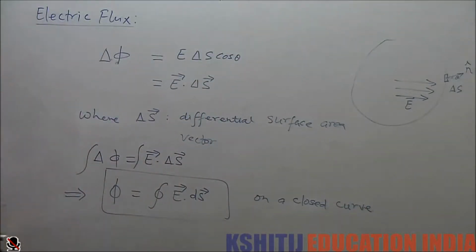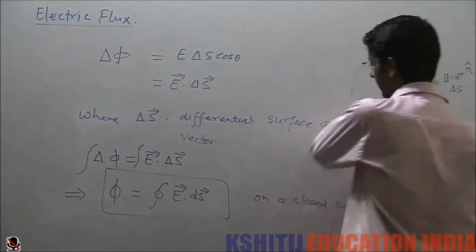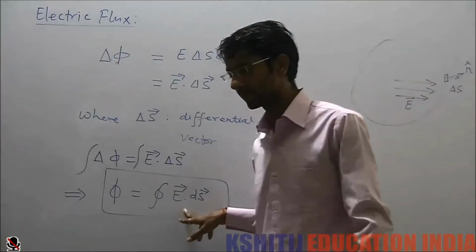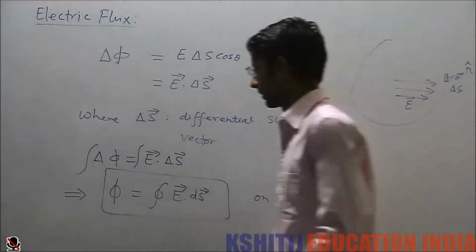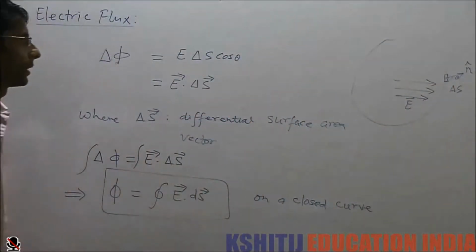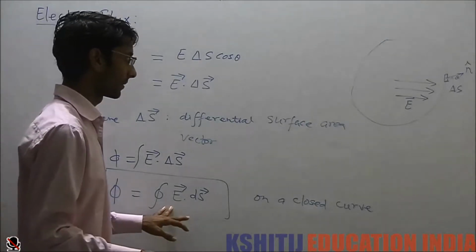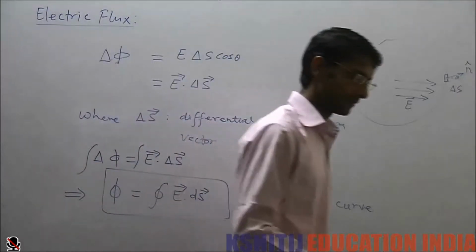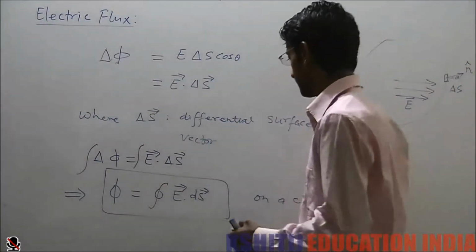So the electric flux passing through a closed curve, when it is present in electric field E, can be represented by this relation. And here the important point is the electric field which will be given to us, and the surface area vector, that means its magnitude as well as its direction.